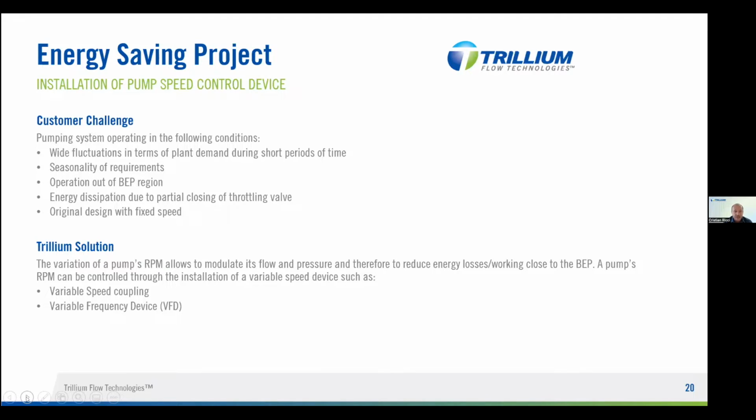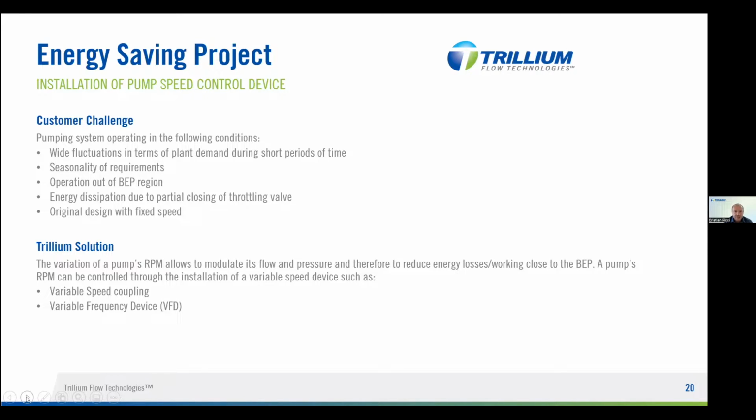In such a situation, a solution that Trillium can propose is the installation of a system that allows the pump to work at various speeds. This can be done through the installation of a variable speed coupling, which is today's example, or through the installation of a variable frequency drive.